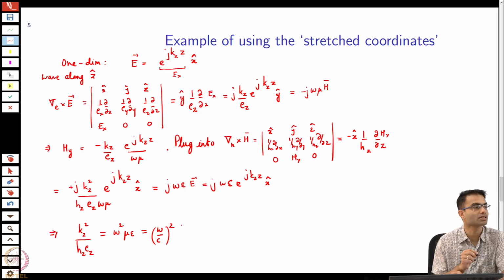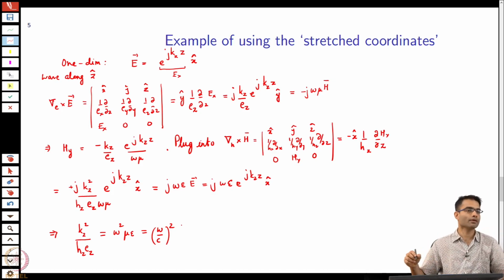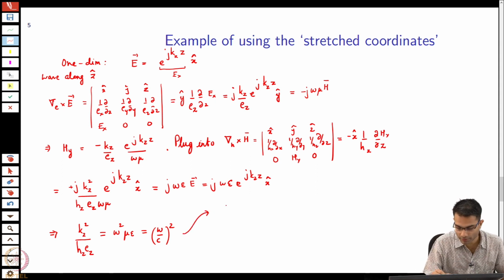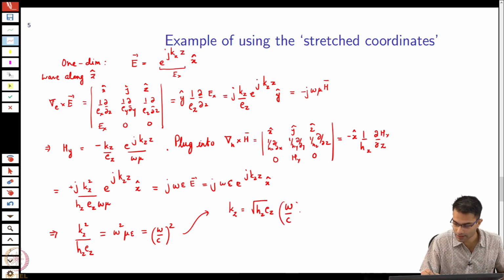Earlier what was our dispersion, a relation between wave vector and frequency, the dispersion relation. In free space, what was the relation? k is equal to omega by c. Now, what is the dispersion relation? Right. So, this is now giving me a dispersion relation of the form that kz is equal to square root of hz ez omega by c.